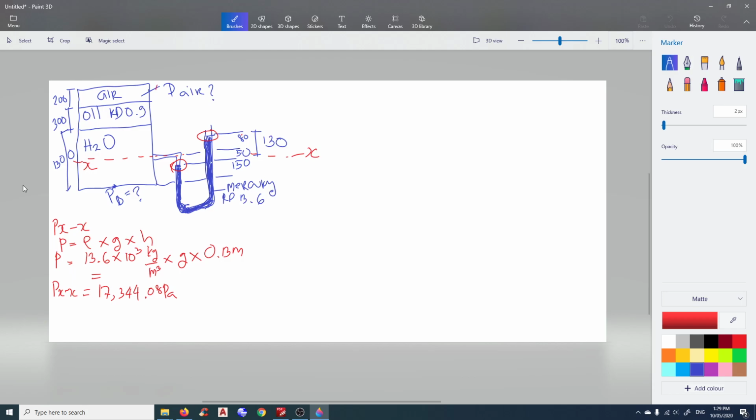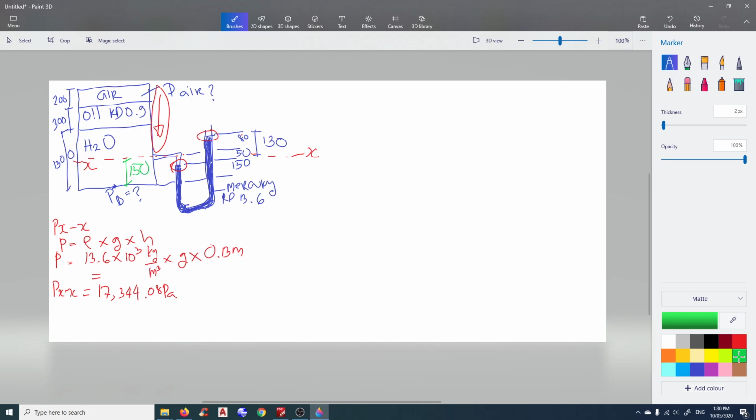which means the pressure that is being exerted by the combination of the fluid here, so air, oil, and a little bit part of the H2O at this point is 17,344 Pascal. Now, how is that going to help us find the pressure at the bottom? Well, the pressure at the bottom is an additional height of the water, which is 150, right?